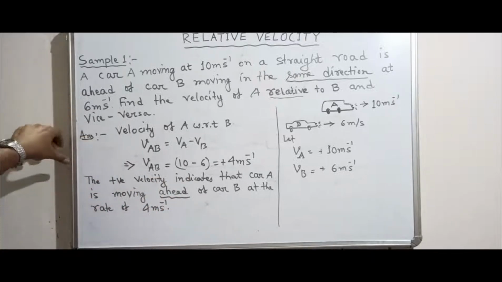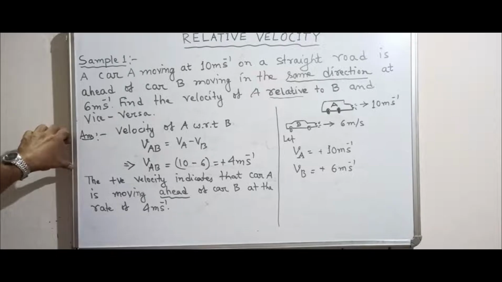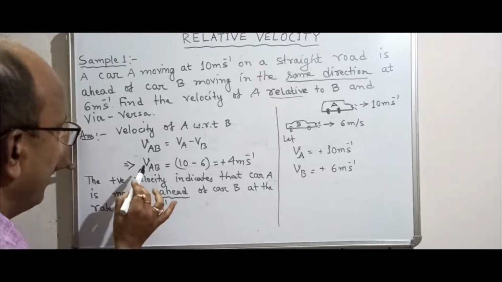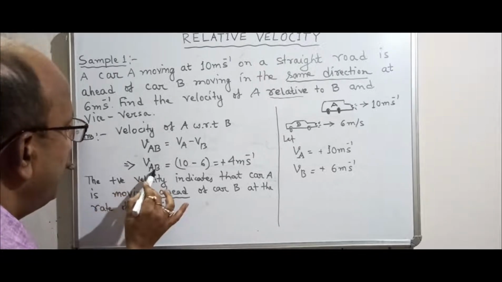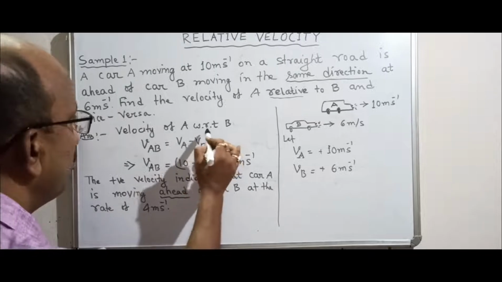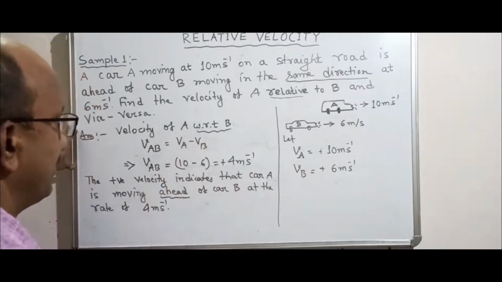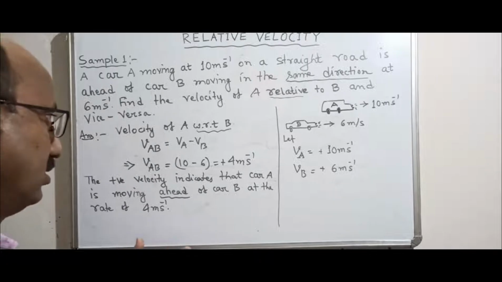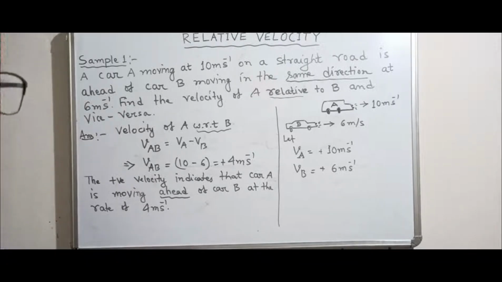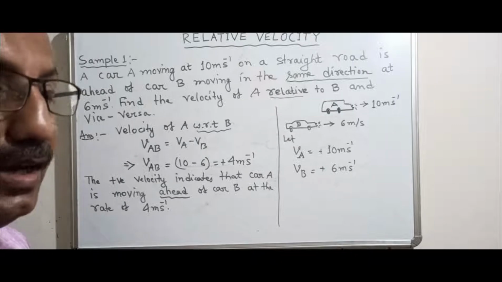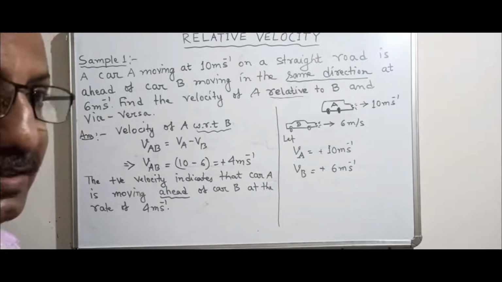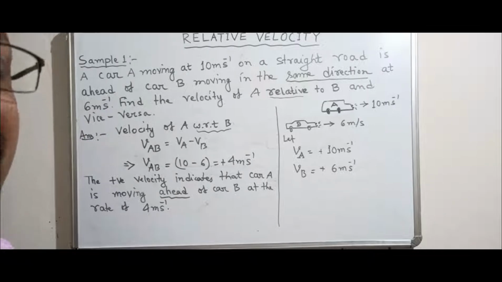This is the most important part. Now how to write this answer? See how I have written, which considerations I have kept in mind. Remember, there is a trick. We are finding velocity of A with respect to B. See, with respect to B. Imagine in a gathering, someone is a respectable person, and we always offer to ask the respectable person to speak something.